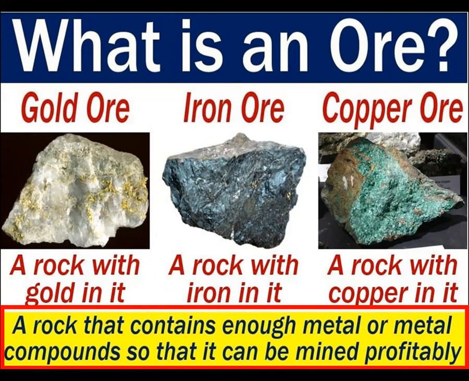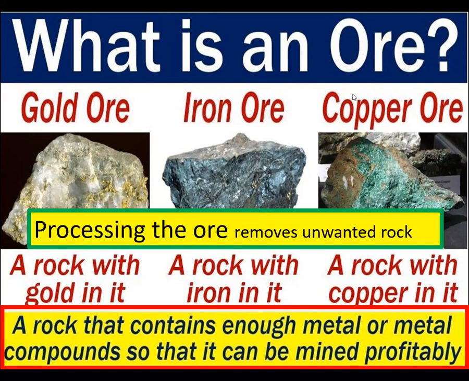A rock that contains enough metal or metal compounds so that it can be mined profitably is what we call an ore. This ore is processed to remove the unwanted rock, and this unwanted rock and the chemicals that were used to process the ore are called mine tailing.